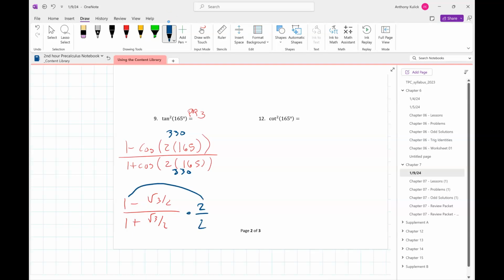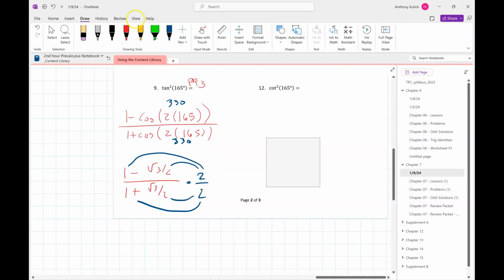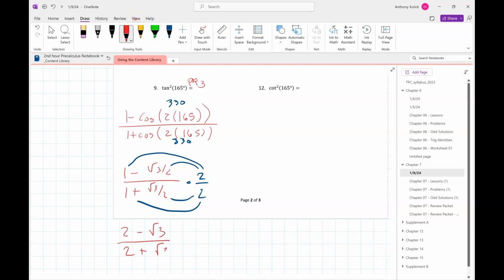Multiply the top and bottom by 2 over 2 to get rid of the fractions inside of fractions. And then we'll multiply by the conjugate, which would be 2 minus root 3.